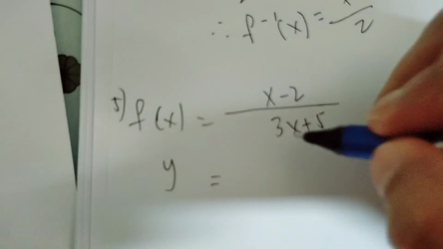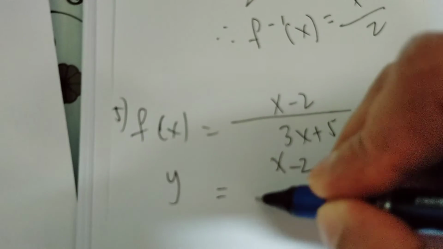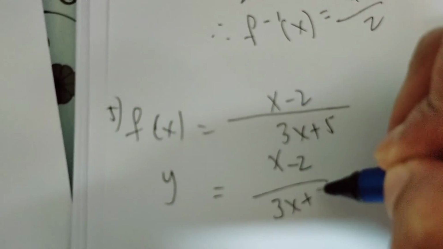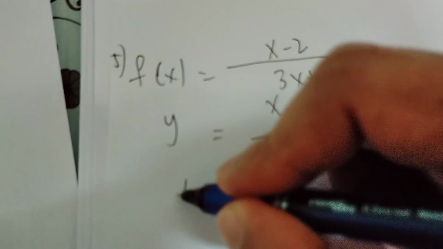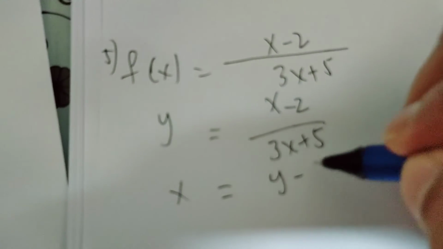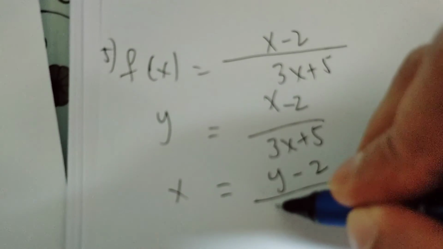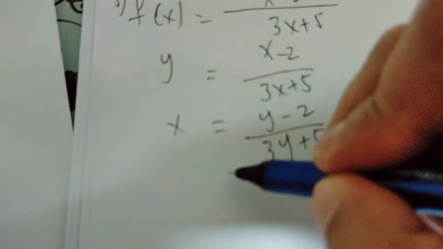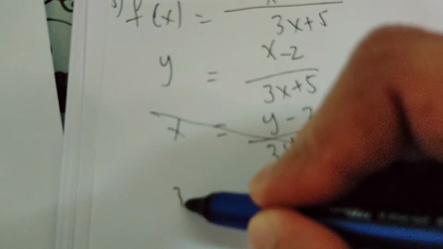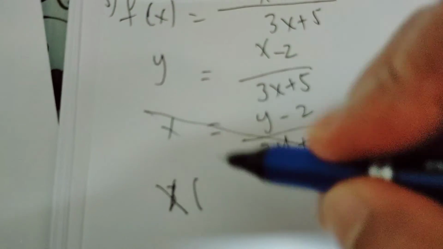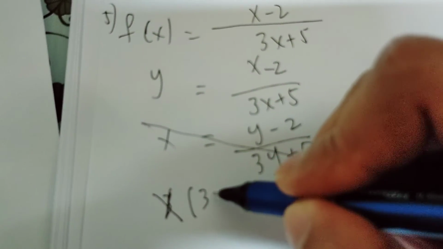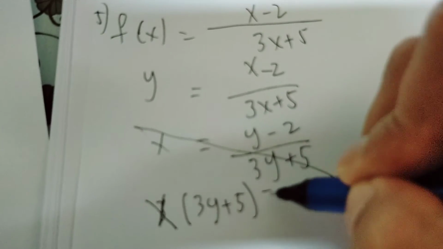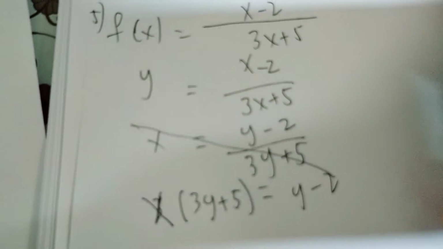So, y is equal to x minus 2 all over 3x plus 5. Then, interchange x and y. That will become x equals y minus 2 all over 3y plus 5. Then, cross multiplication. So, x times the quantity 3y plus 5 equals y minus 2.